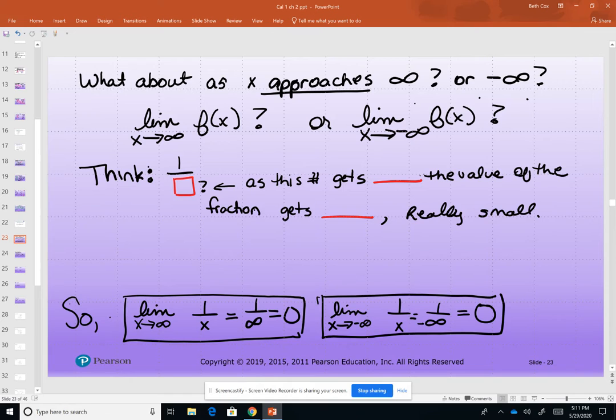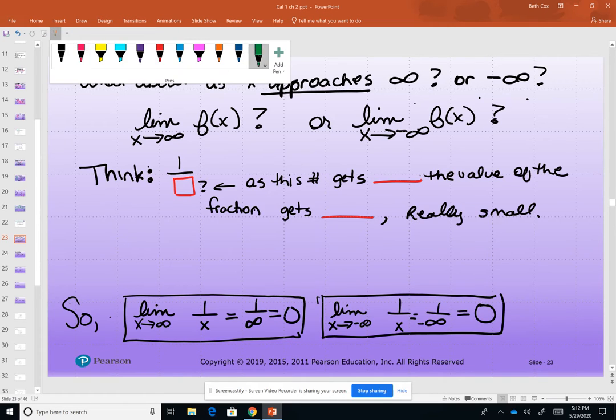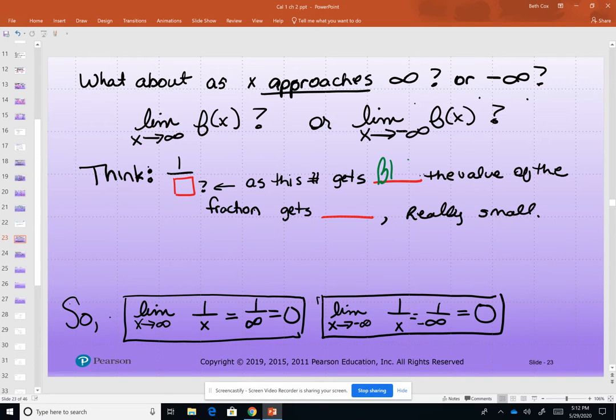For a rational function, we're looking at 1 over x or 1 over something, the most simple application. As that denominator gets really, really big, what's going to happen to the value of the actual fraction?